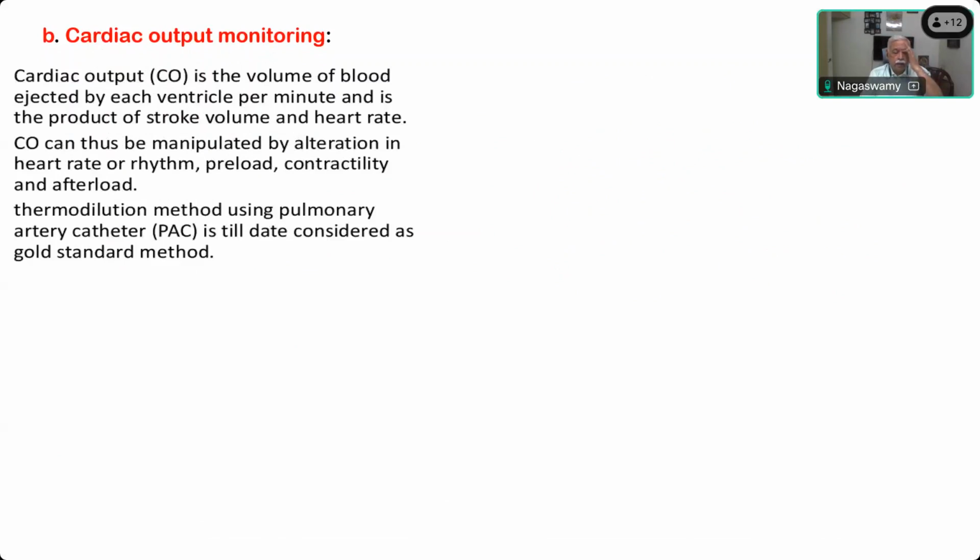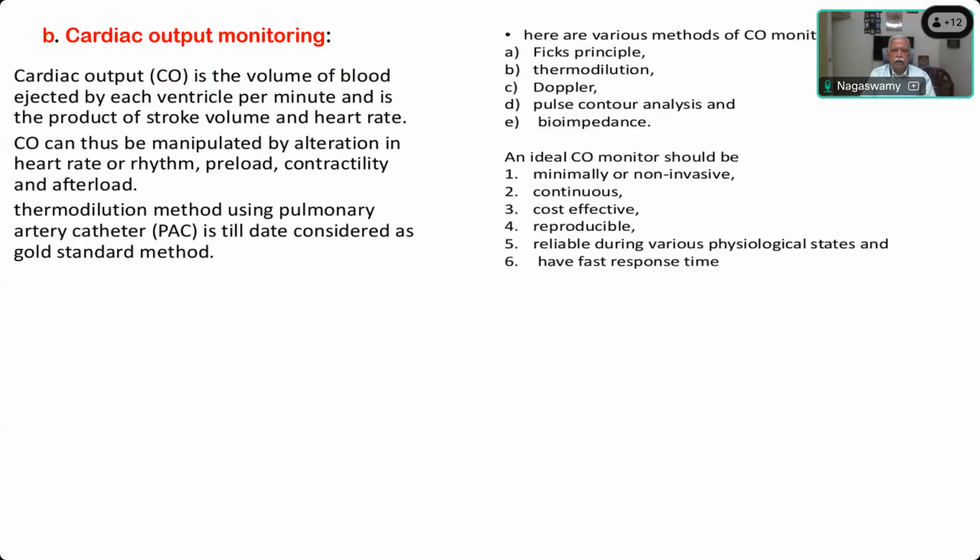Earlier, the pulmonary artery catheter and PAC insertion was considered the gold standard method. And these are all the various techniques used, as you rightly put: fixed principle, thermodilution, Doppler method, pulse contour. And it is a cardiac output monitor. What are the ideal features of that?